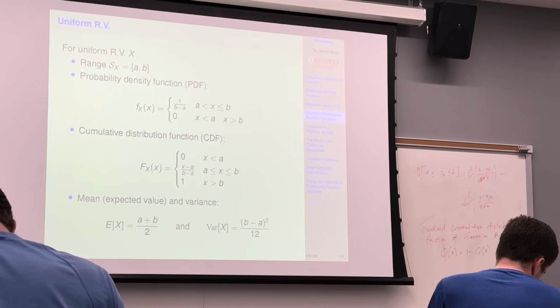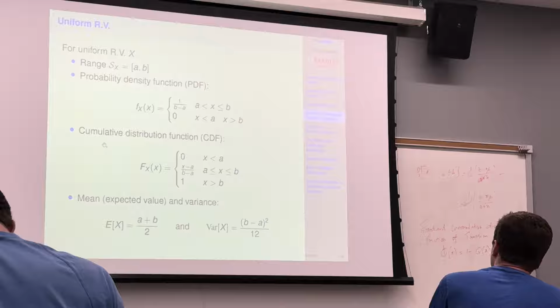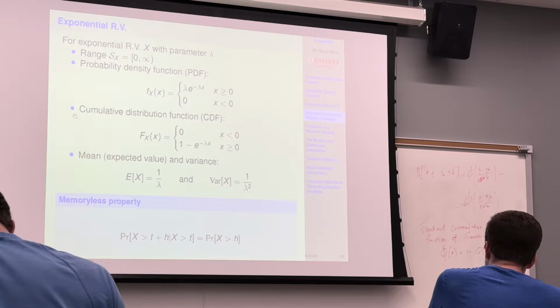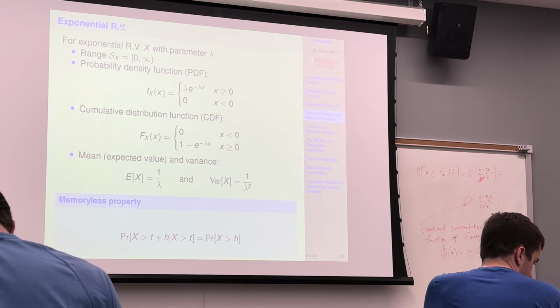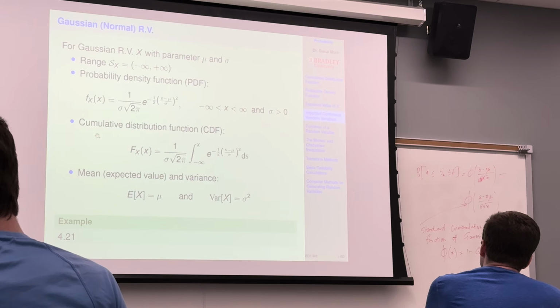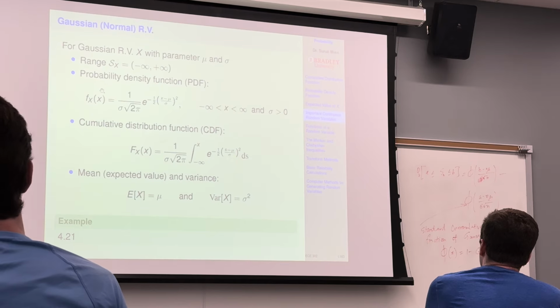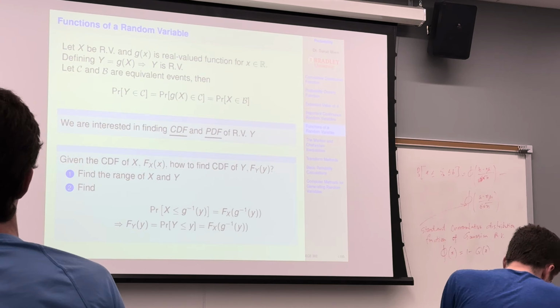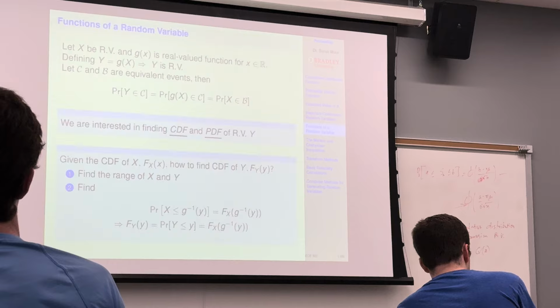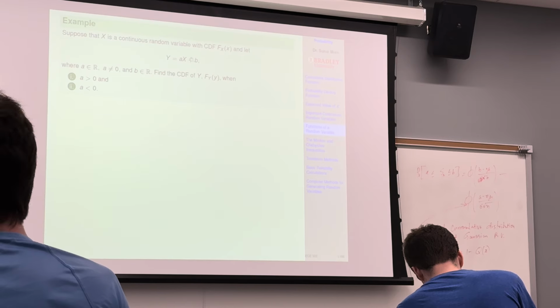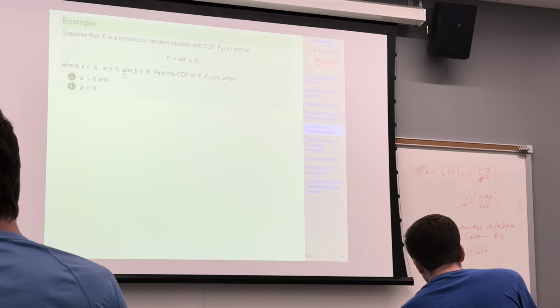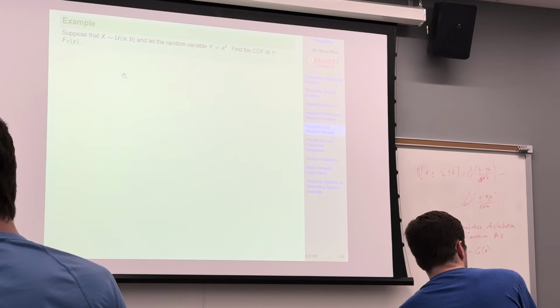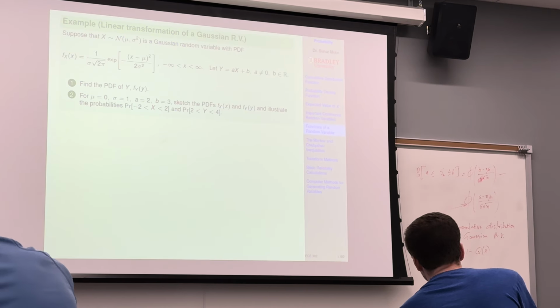Here we have a summary of some random variables, exponential random variable, Gaussian random variable. You may want to bring some formulas right from here. Functions of random variable, this is very important. We went through this in class. These are continuous random variables, and then the method of transformation.